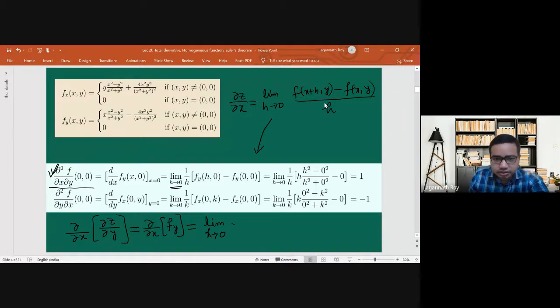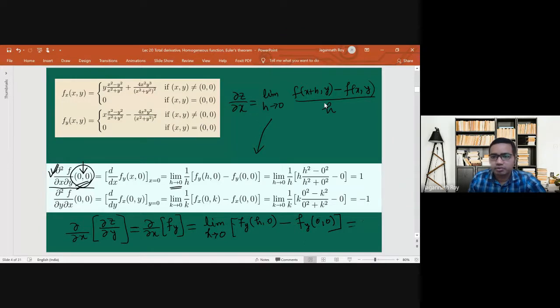So this one will be like f_y, here the function is f suffix y, at the point 0, 0. At all other points it will be differentiable, so we just need to verify at the point 0, 0 whether it is true or not. So here it is f_y at 0, 0.